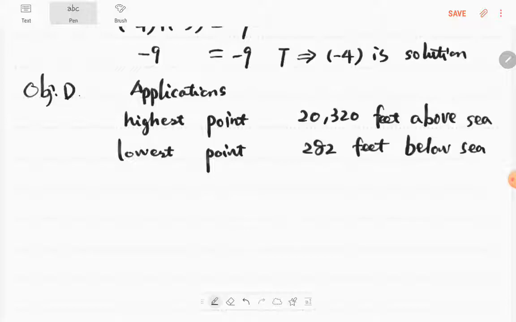So in here, we have one number that is above sea level, and another number, 282 feet, below sea level.